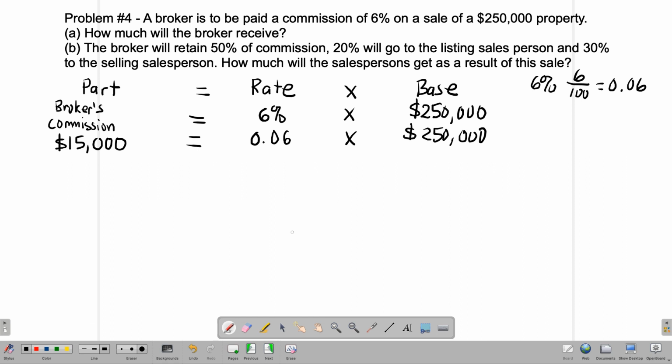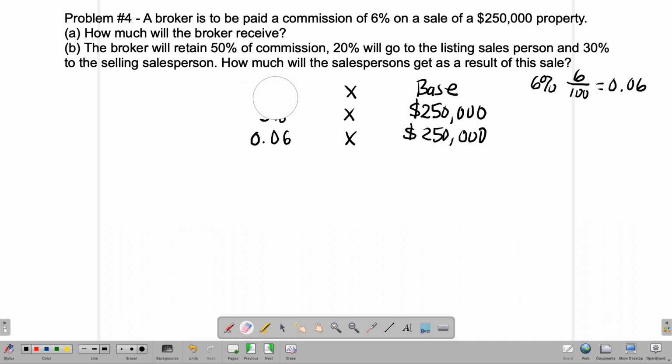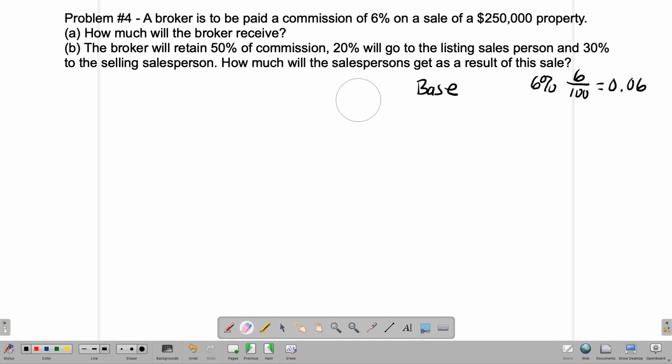All right, so let's erase that and prepare for the second part. Now the broker will retain 50% of the commission, 20% will go to the listing salesperson, and 30% to the selling salesperson.